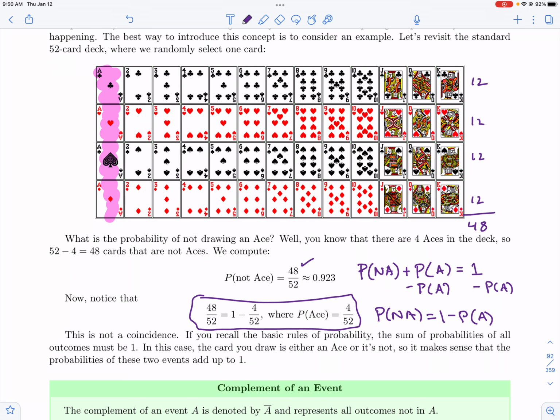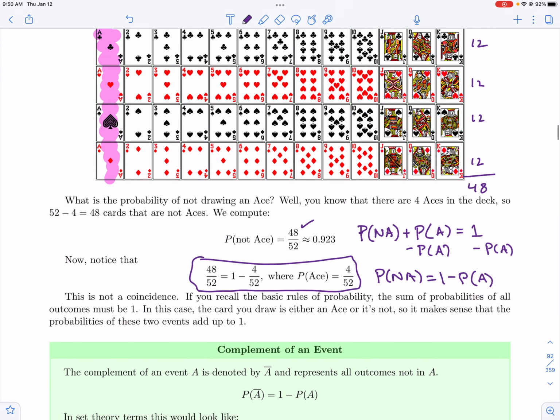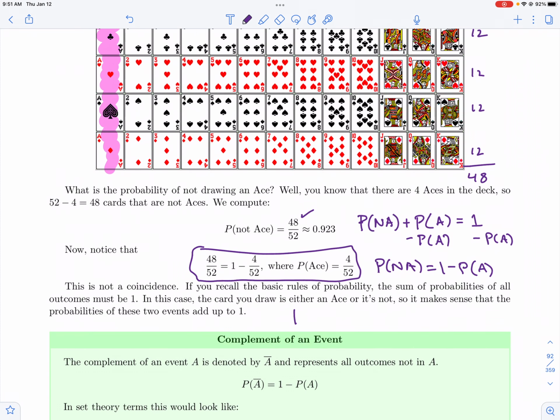So if we've got 1 minus the probability of drawing an ace, we know there's 4 aces out of 52. So I get 1 minus 4 out of 52. Now again, to subtract this, if we're not using our calculator, we're going to have to get a common denominator. So 1 is just going to be the same thing as 52 over 52 minus our 4 over 52.